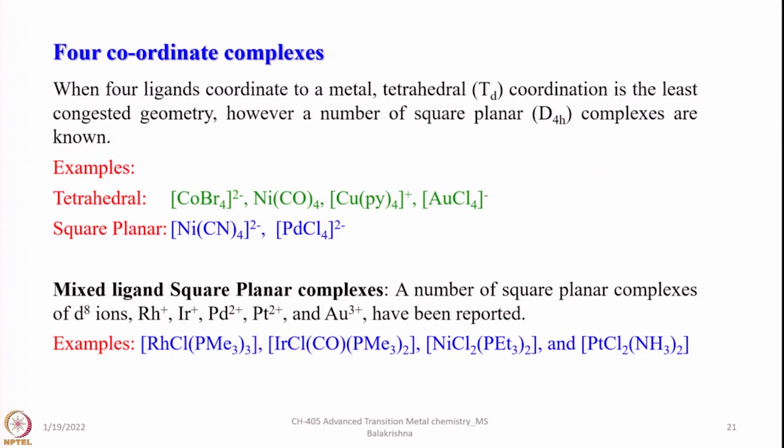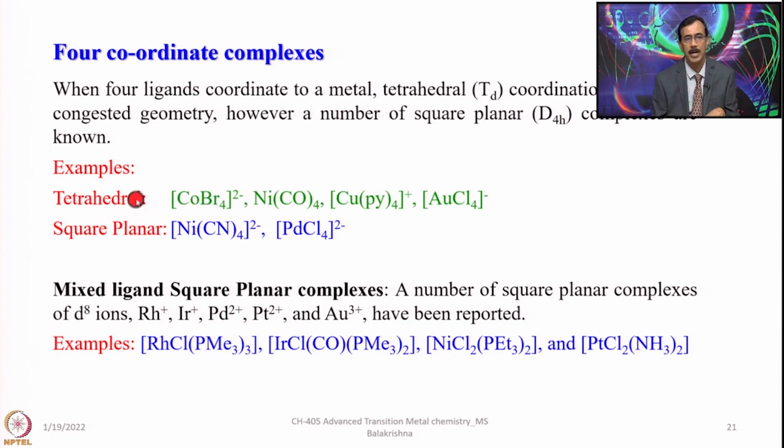As I mentioned, 4 coordinate complexes are very common. With coordination number 4, one can think of tetrahedral coordination or square planar complex formation, and I have given some examples here. For tetrahedral, examples are CoBr4 2 minus, Ni(CO)4, tetrapyridyl copper plus or AuCl4 minus.